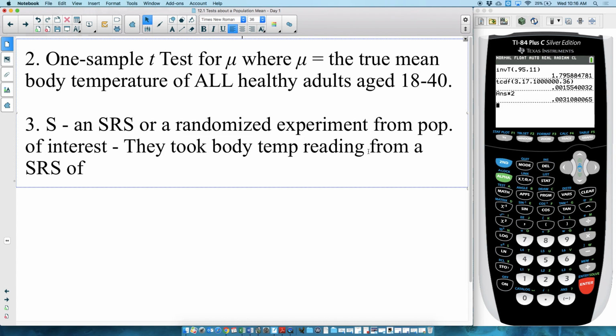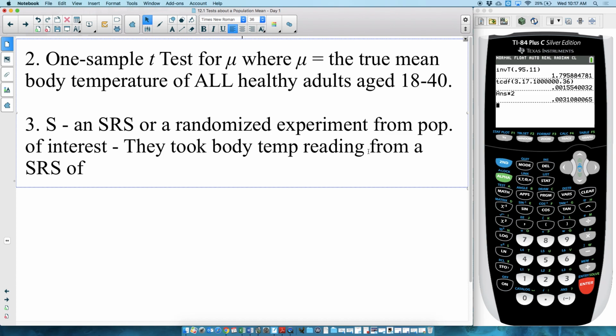Stop it. Okay. Healthy 18 to 40-year-olds. Yeah. I'm here at 40.